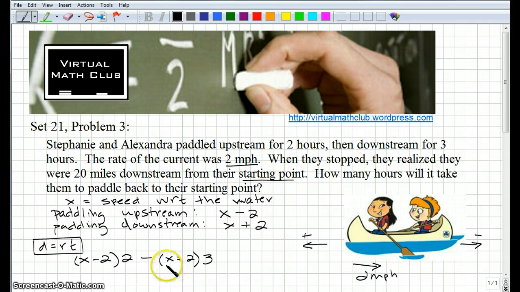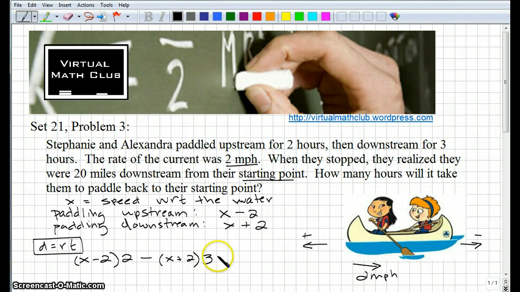Okay, so the total distance that they cover is going to be x minus 2 times 2 hours. Alright, so their speed times their time. And then we're going to subtract, because they've turned around, they're going in the opposite direction now. And so they're going back to where they started from and then some. So their speed is x plus 2 miles per hour, and they go at that rate for 3 hours.